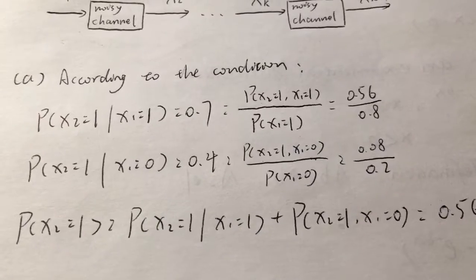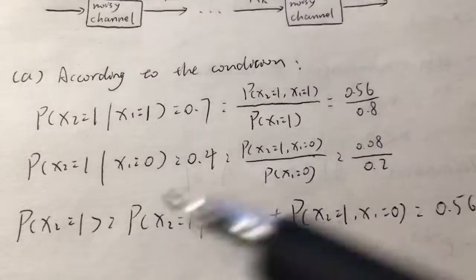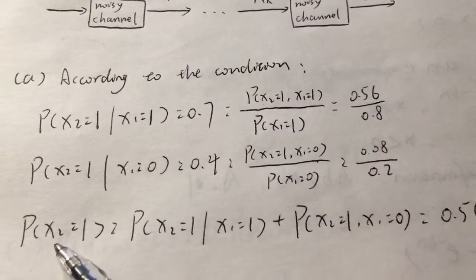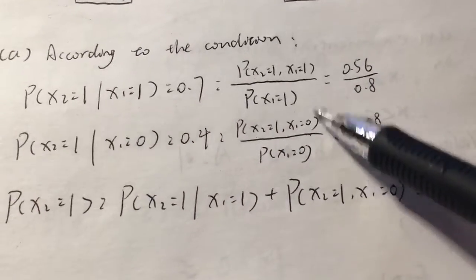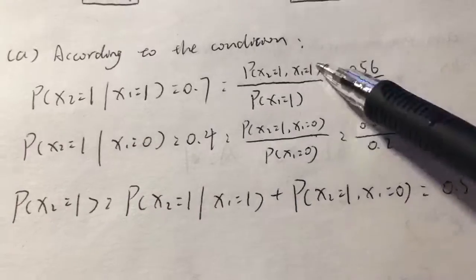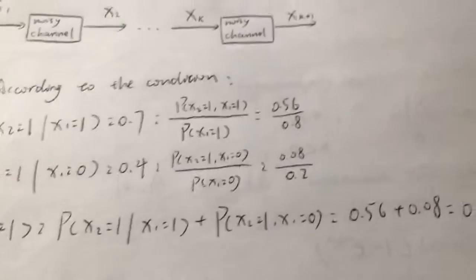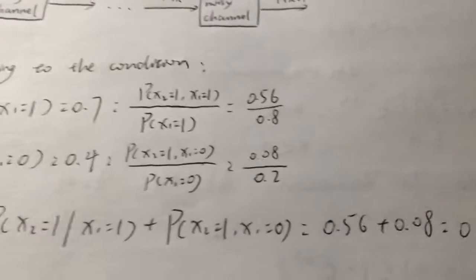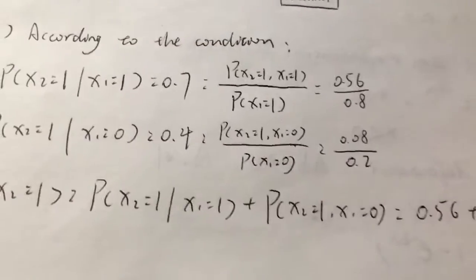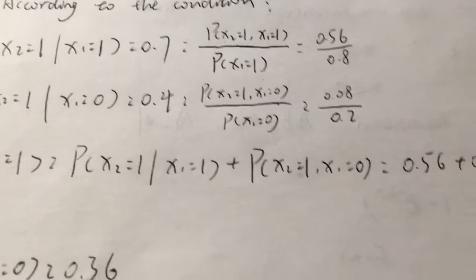So the probability that x2 equals 1 is the sum of these two, and the result is 0.64. That's question 1.